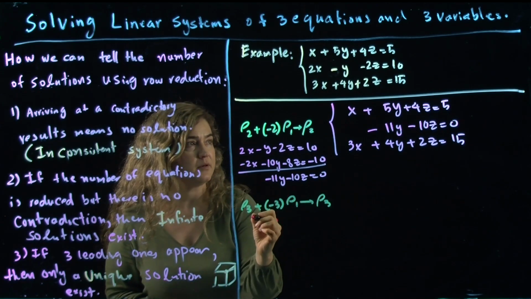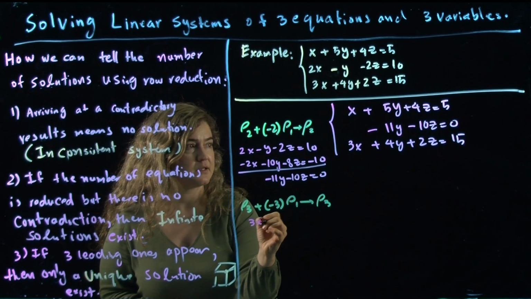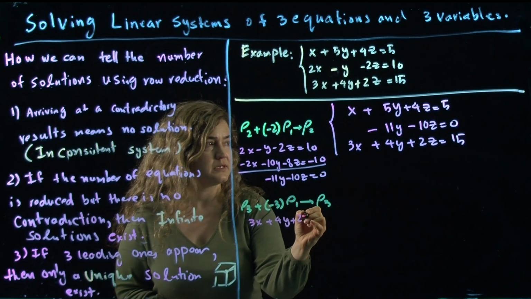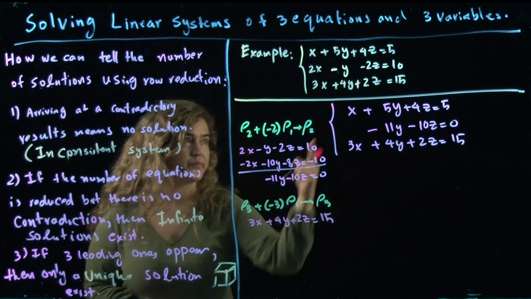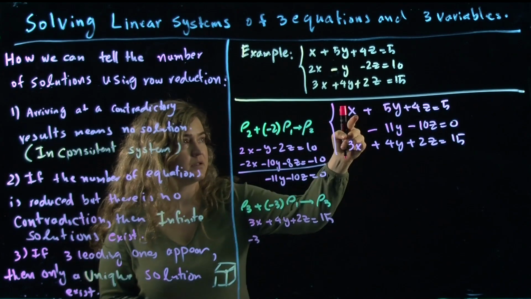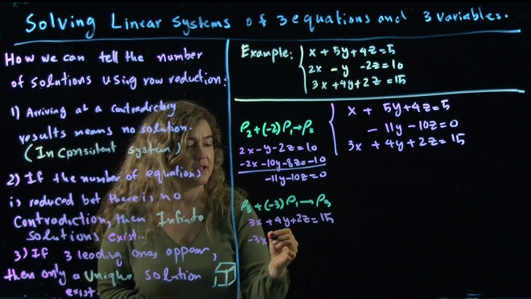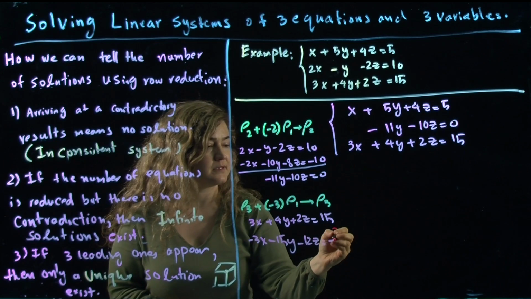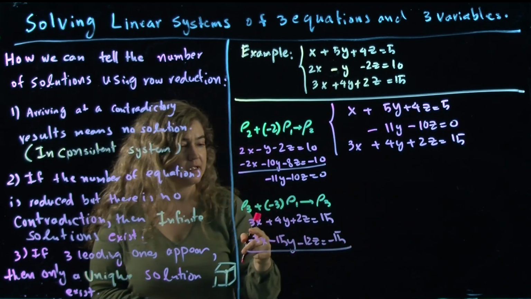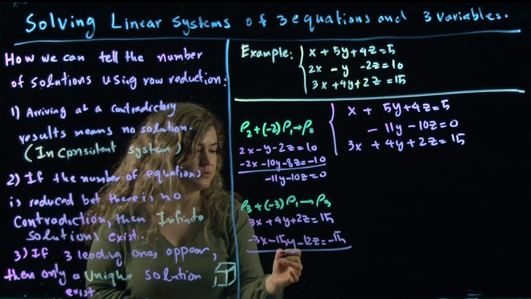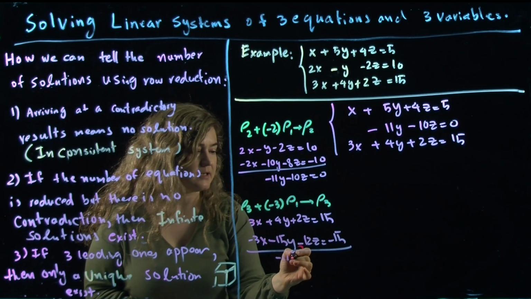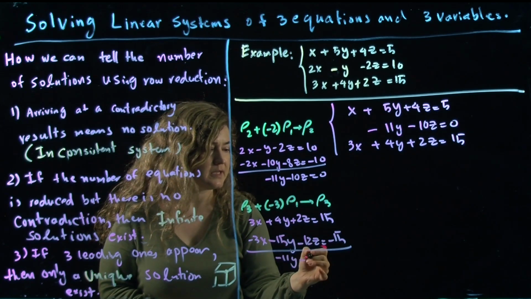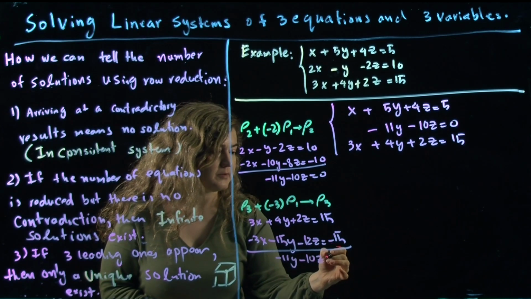On a piece of scratch paper, row 3 is 3x plus 4y plus 2z equal to 15. Negative 3 times row 1 gives negative 3x, negative 15y, minus 12z equal to negative 15. And adding these, the x terms cancel each other. Negative 11y, that is negative 15 and 4, negative 12 and 2 is negative 10z.